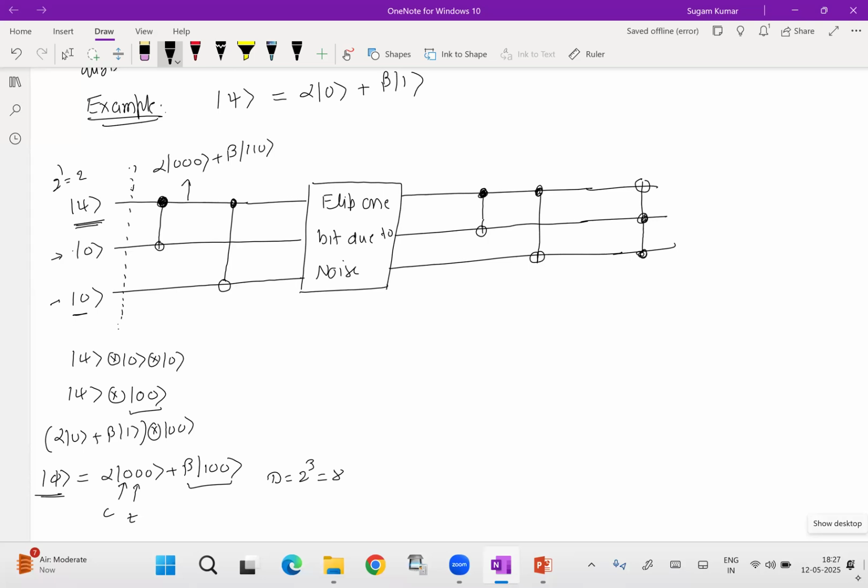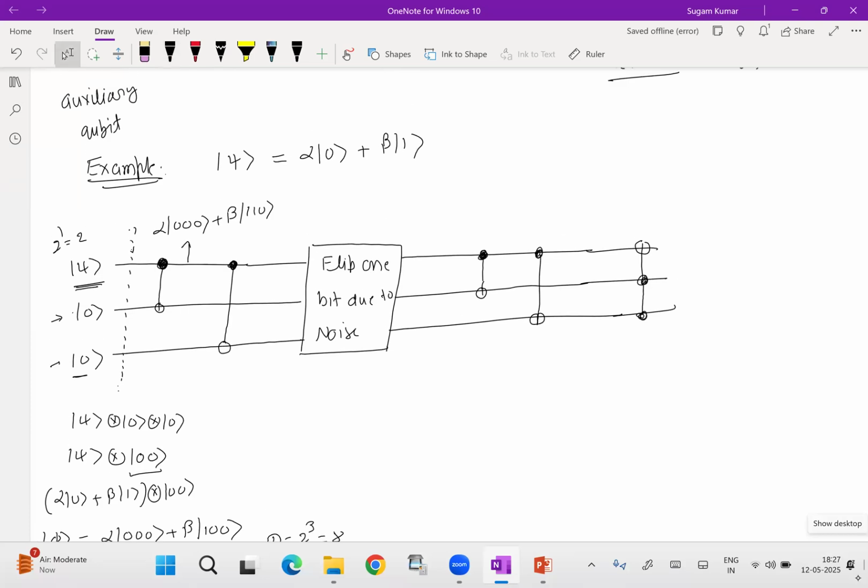And now this is the wave function. Now you're applying the second C0 gate between the first and the third one. So here, what happens then? At this location, tell me what happens. It has become alpha. Now this becomes the target.